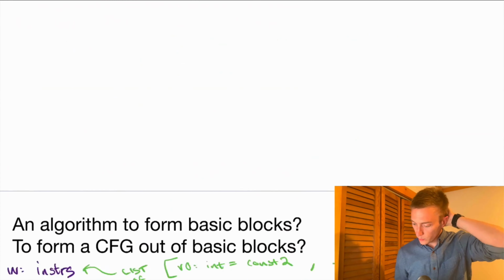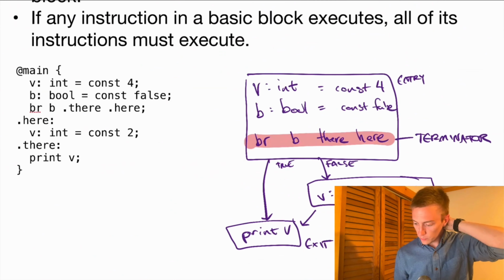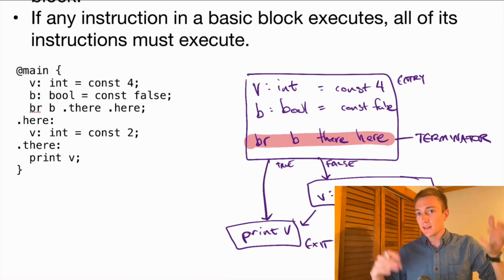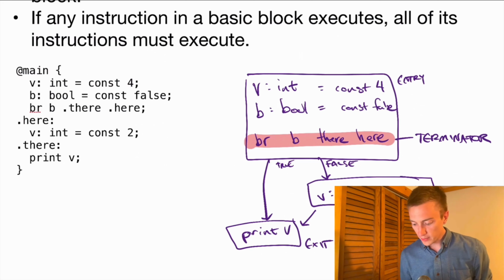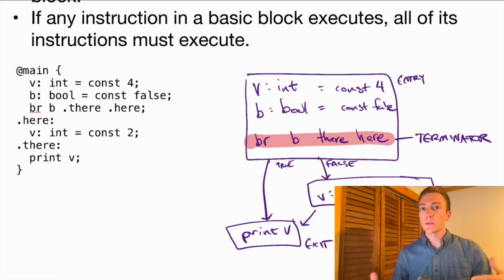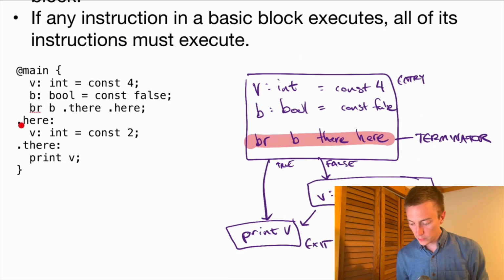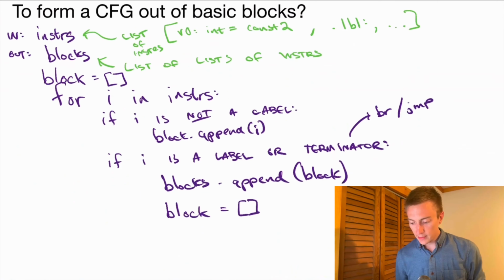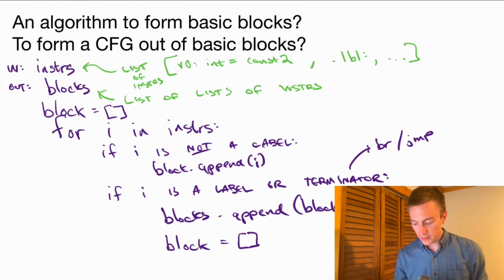So going back to one of these example programs, we want to associate this label with this block that follows it. You can think of it almost as the name, the identifier of that block is here, so that we know that anywhere in the program where we jump to the label here, in the control flow graph we need to think of an edge going to the here block. So you can imagine that we've done that in the basic block formation process.